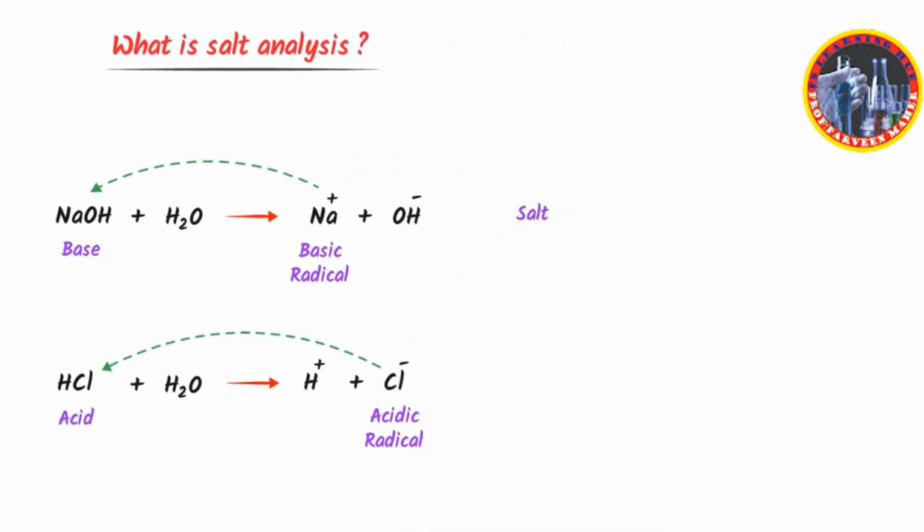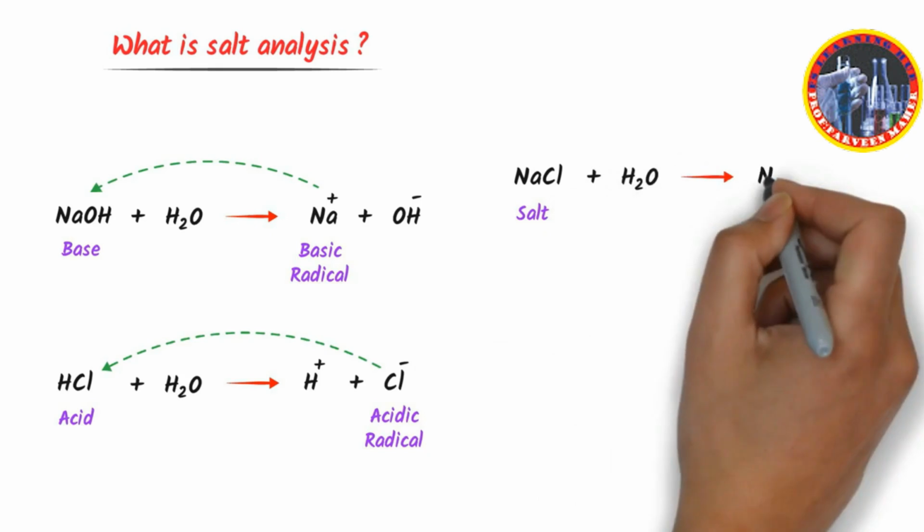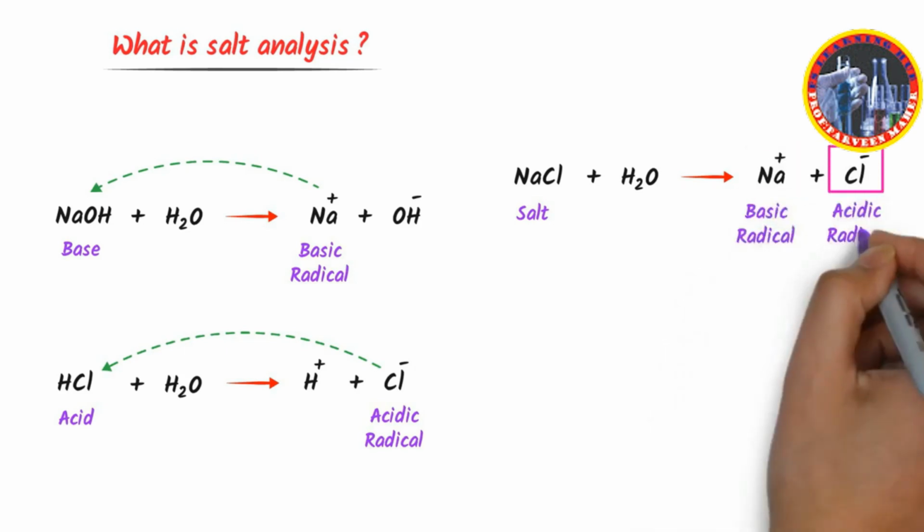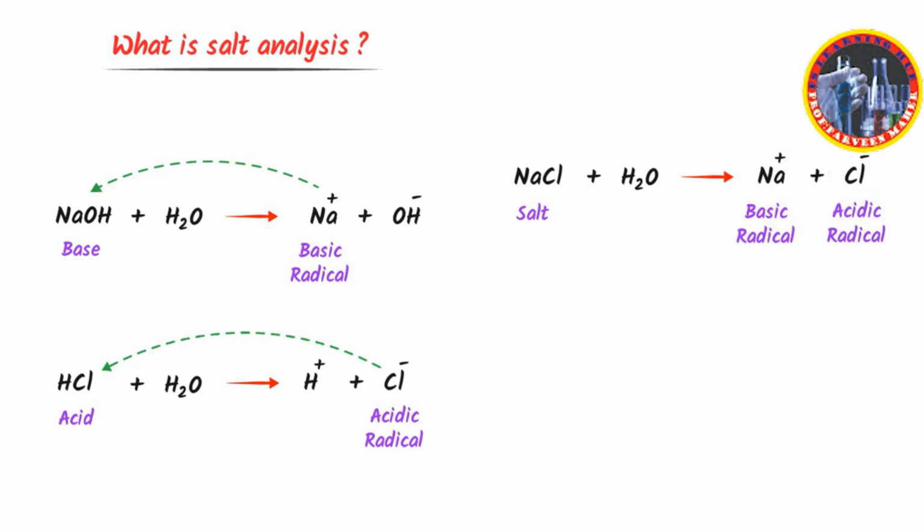Thirdly, consider a table salt like sodium chloride. We know that this salt is formed from sodium ion and chlorine ion. We have already learned that sodium ion is known as basic radical and chlorine ion is known as acidic radical. Thus we learn that every salt contains two parts, basic radical and acidic radical, or positive cation and negative anion.